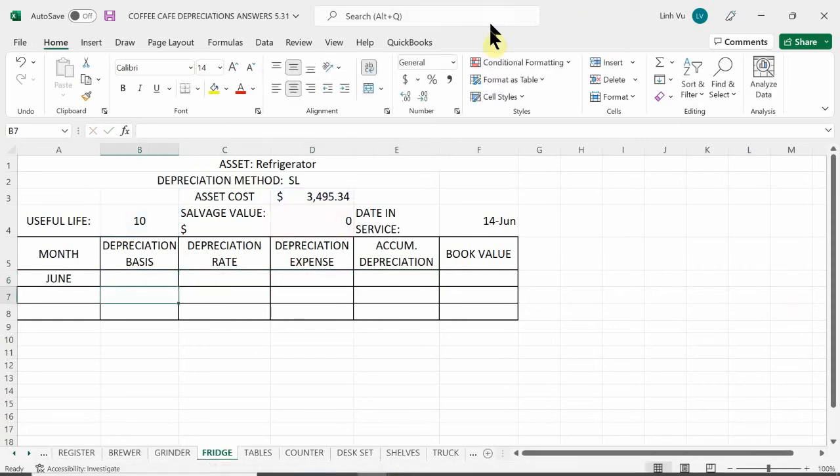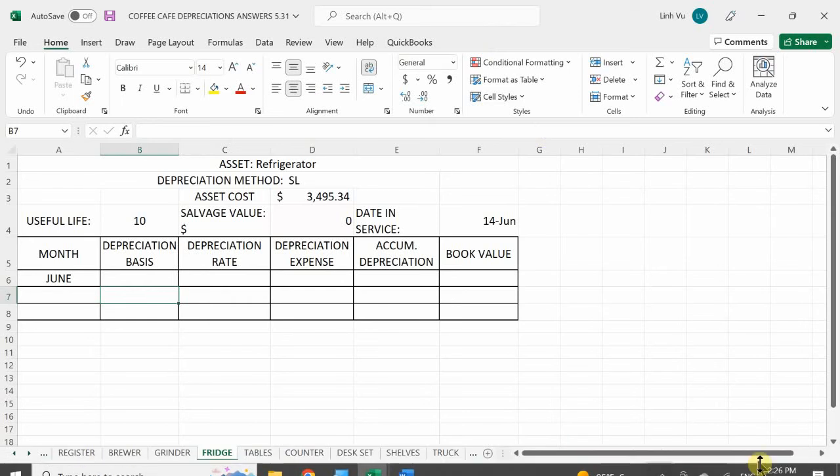Okay. So in this case, what was the total value of your refrigerator?